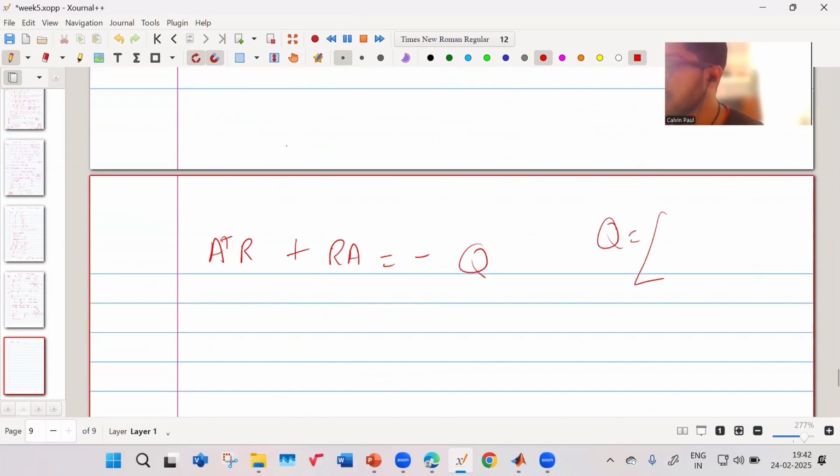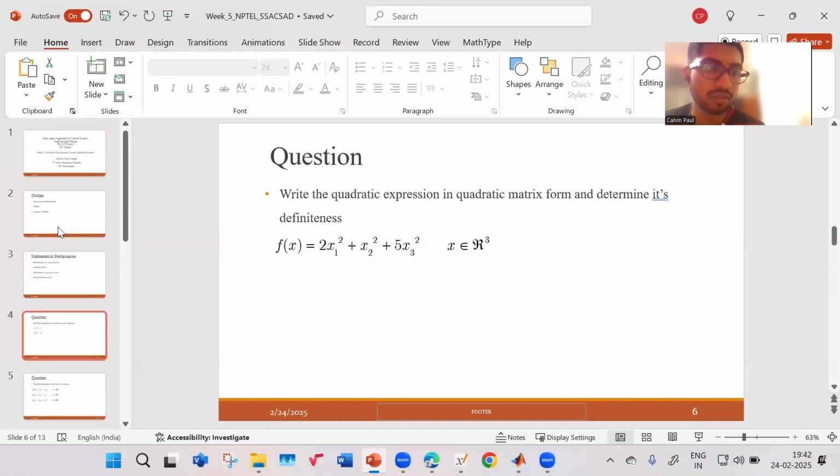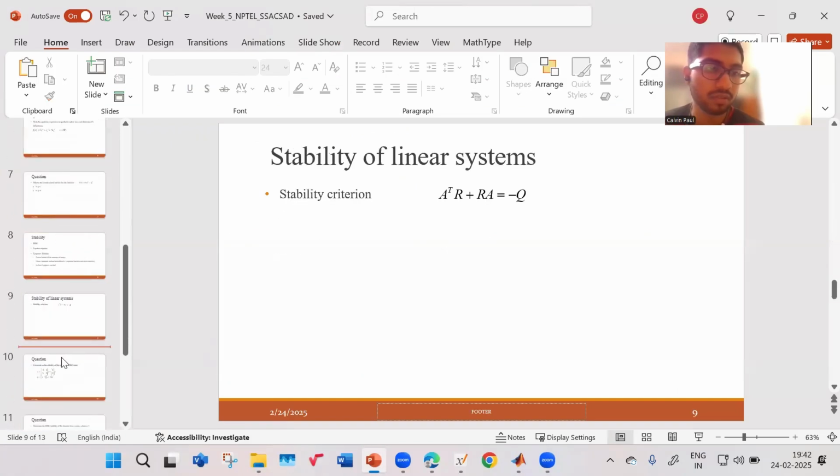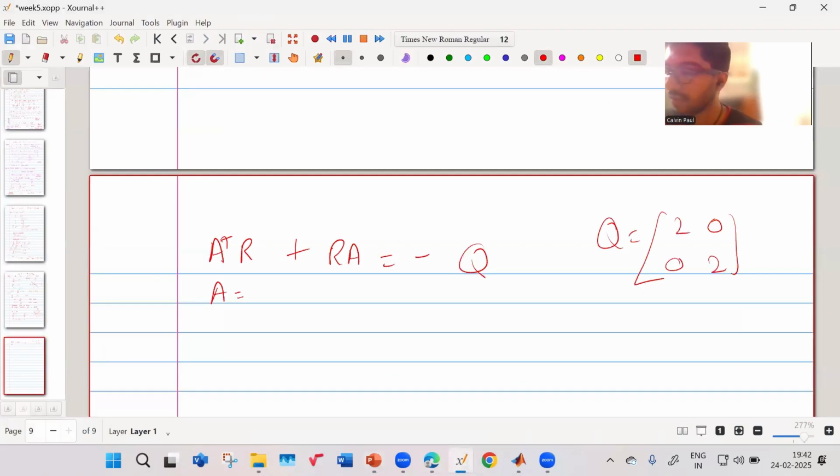A transpose R plus RA is equal to minus Q. Q I took as 2002. A is minus 3053. A transpose will be minus 3503.